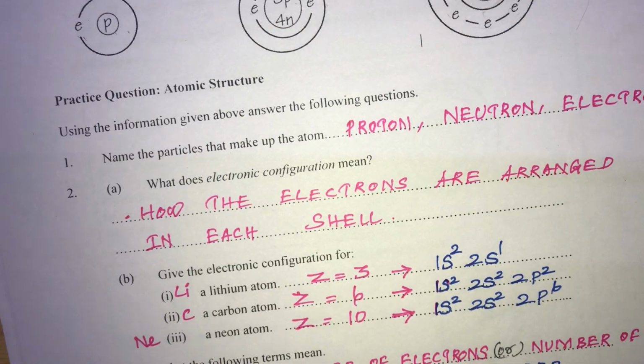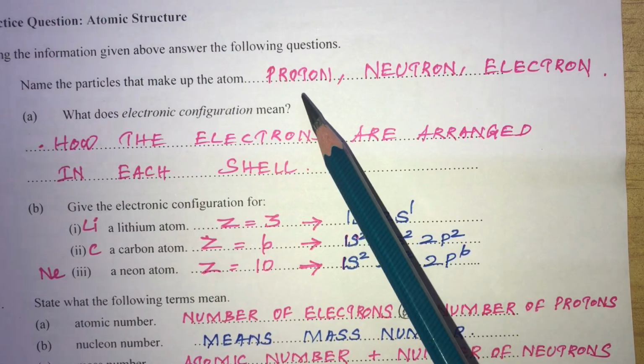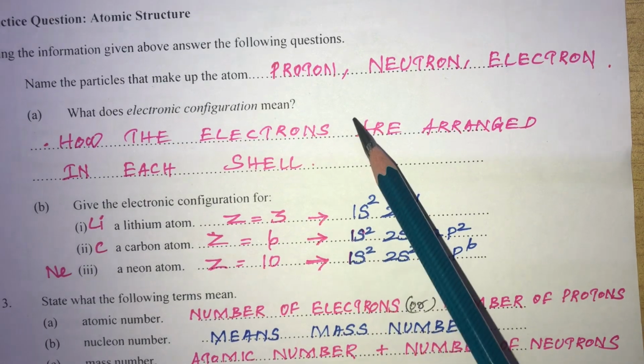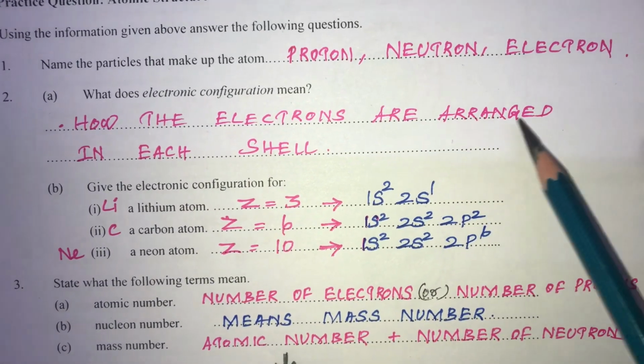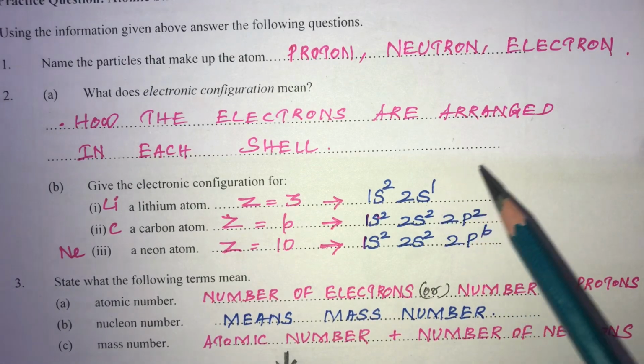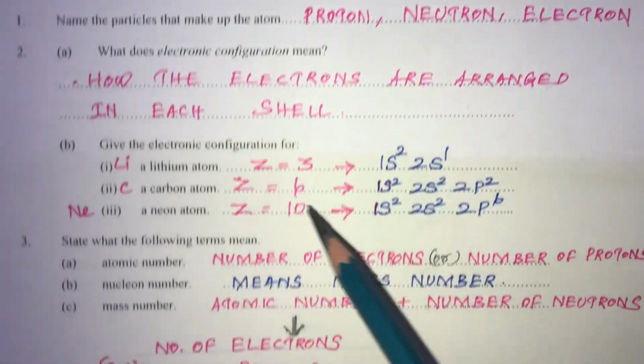Name the particles that make up the atom. An atom consists of 3 subatomic particles called proton, neutron and electron. What does electronic configuration mean? Electronic configuration means the arrangement of electrons in each shell around the nucleus in an atom, also called electronic arrangement.